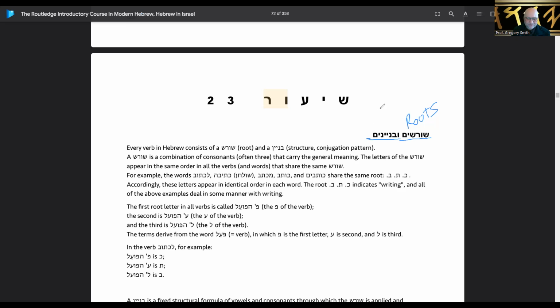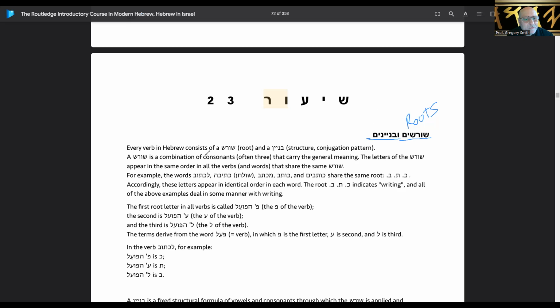Let's see what it comes up with when I put it in the translate. Shoreshim ubinyanim. Yeah, roots and structures. שורשים ובניינים. Yeah, ubinyanim. שורשים ובניינים. Okay, all right. So in other words, root structure.